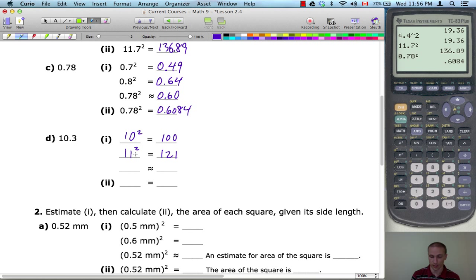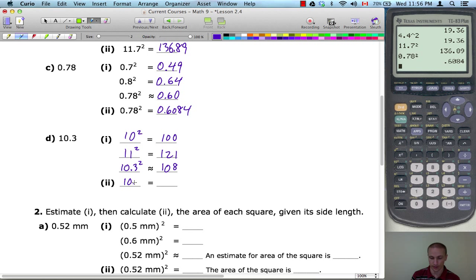So these numbers are on either side of 10.3. And so 10.3 squared should be somewhere in between. It's probably closer to 10 squared than it is to 11 squared. So maybe a guess of something like 100 and let's say 8 should be pretty close.